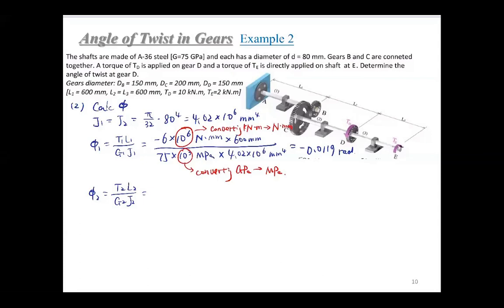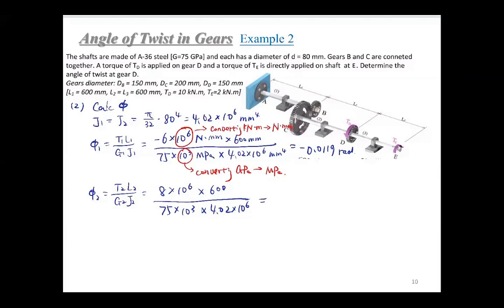Then phi 2 will be T2 L2 over G2 J2, which will be 8 times 10 to the 6 times the length, 600, the same. And here will also be the same, 75 times 1000 times 4.02 times 10 to the 6.